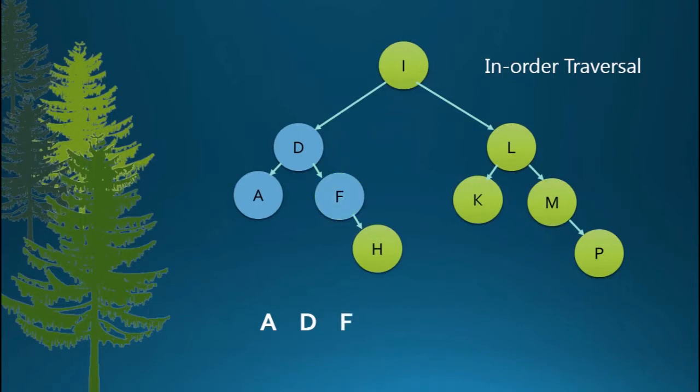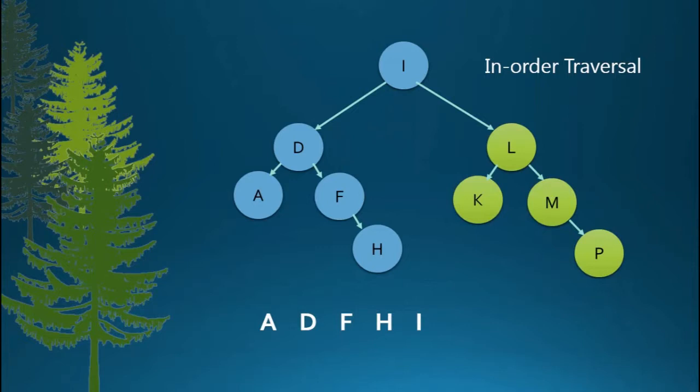And so it visits F. Now, the F is a subtree on its own, and it's going to examine its left pointer, find out that it's null, and then it's going to come back and examine its right pointer. H is a leaf, and so it's going to work its way back up the tree until it hits the root node, because all of the left-hand subtrees have been processed.